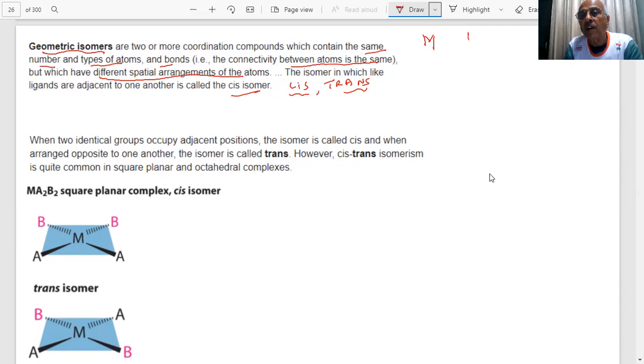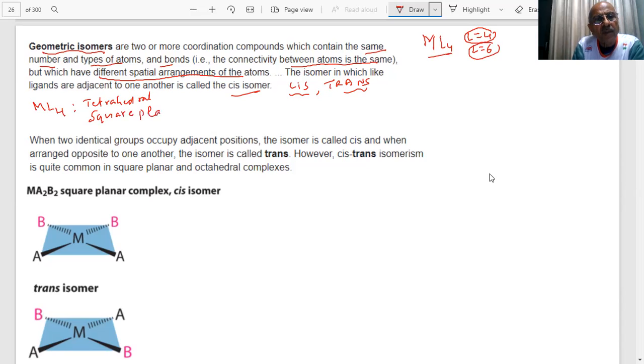If there are 4 ligands, what shape can there be? If I write ML4, it means there are 4 ligands, and the shape can be tetrahedral or square planar.